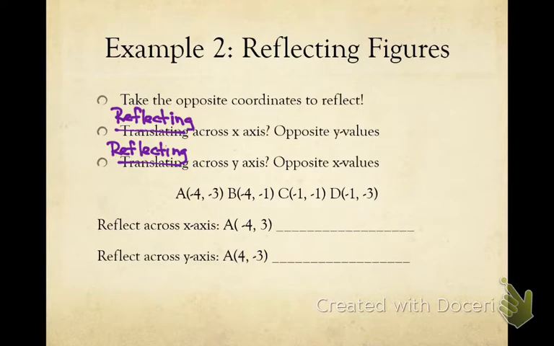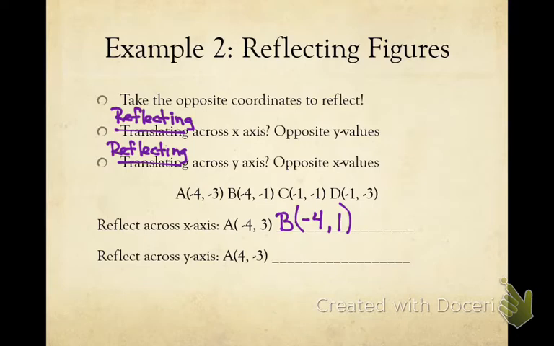All right, so let's look at B now. If B was -4, -1 in the original, I now keep my x value the same, but switch my y value. Now it's -4, +1. All I'm doing is, whatever axis it's telling me to reflect, I do the opposite of the other value.